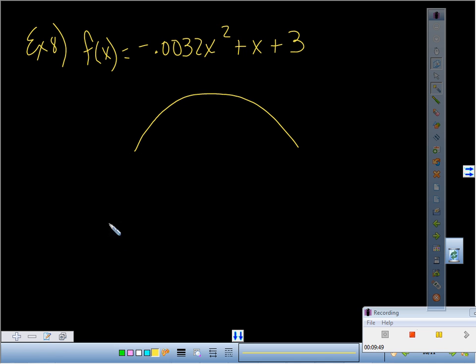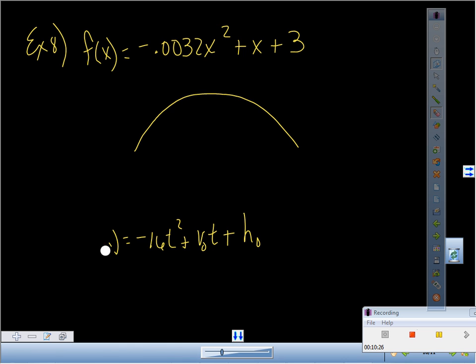Now, a lot of times, have you ever seen a problem like this? Remember that? We've looked at this a lot. This is my beginning height. This is my initial velocity. And this is my ending height. Normally they'll give you this formula right here. What's the difference between this formula and the one we're talking about?